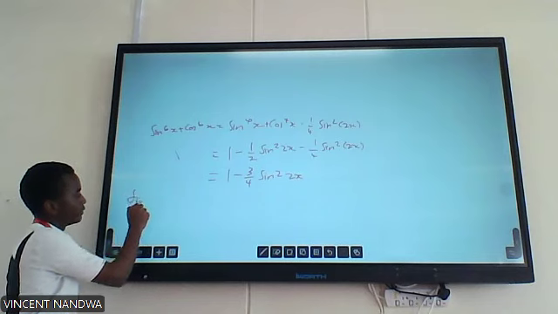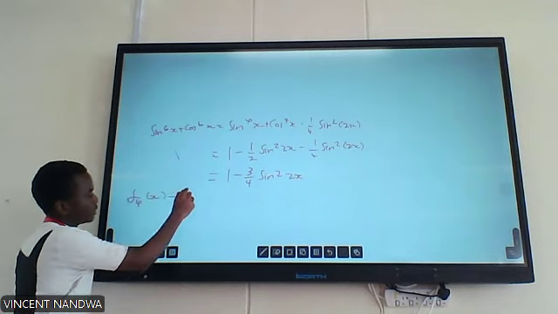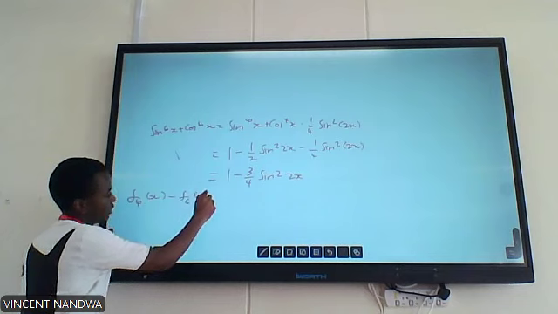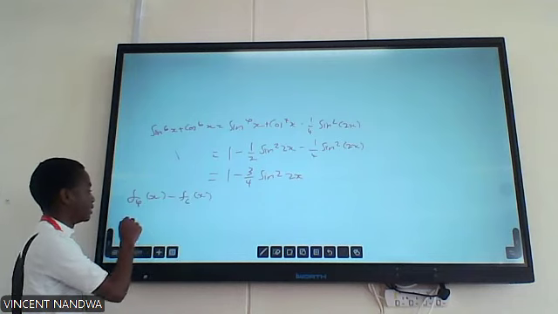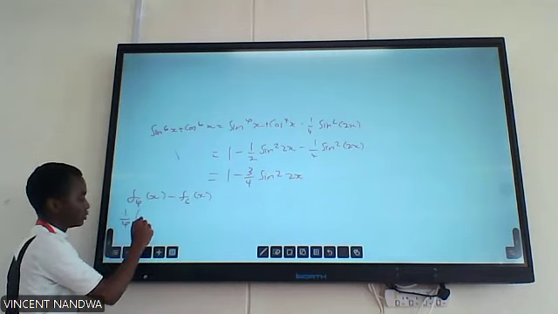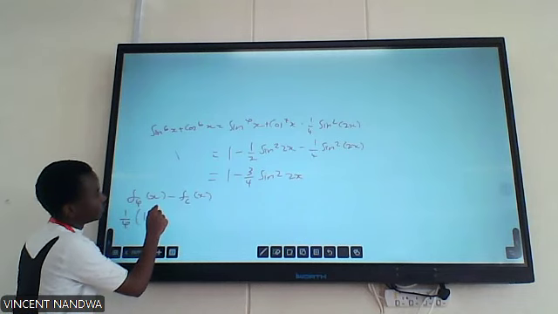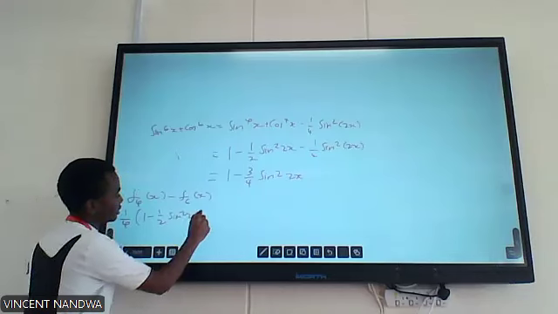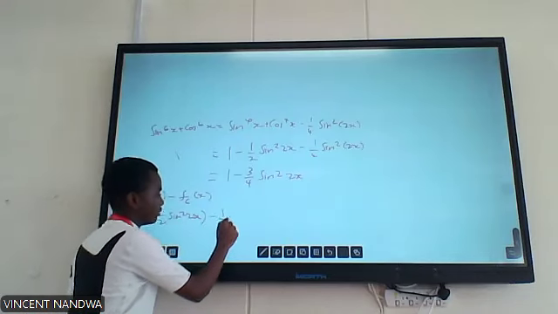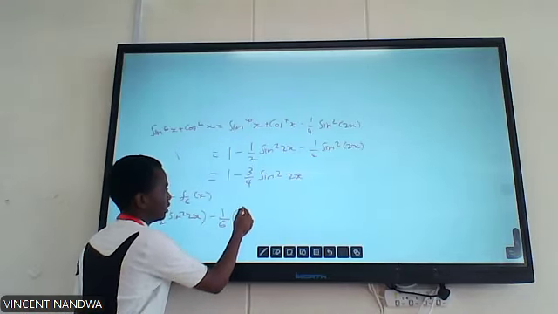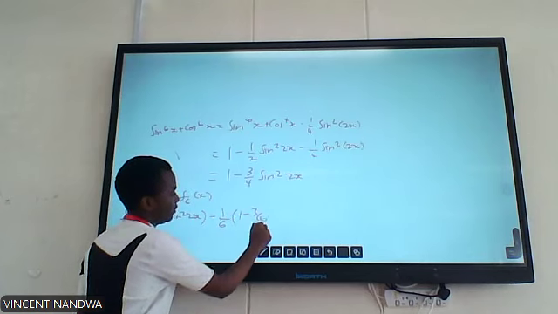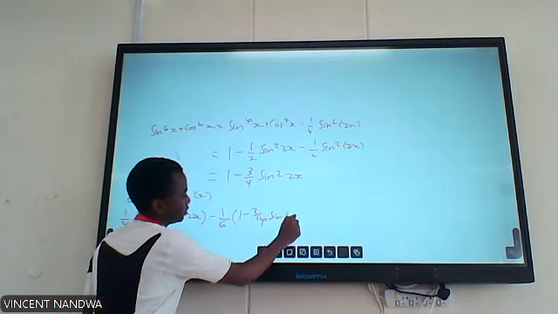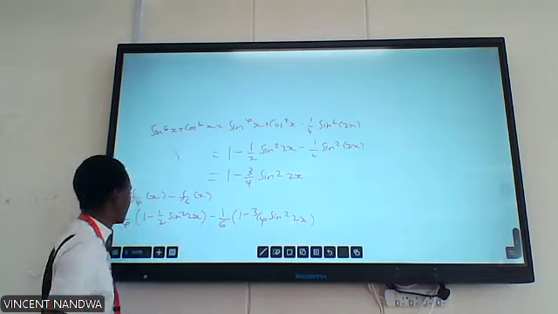It is f4(x) minus f6(x). So we replace a quarter into brackets 1 minus a half sine squared 2x, minus 1/6, 1 minus 3/4 sine squared 2x, like that.